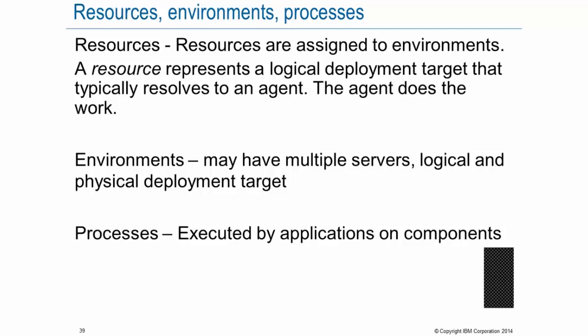The environment could have multiple servers and select a particular place in the resource tree where it's going to represent an environment for SIT or UAT. And then there are the processes that execute actually on the box, the application process and its component processes.